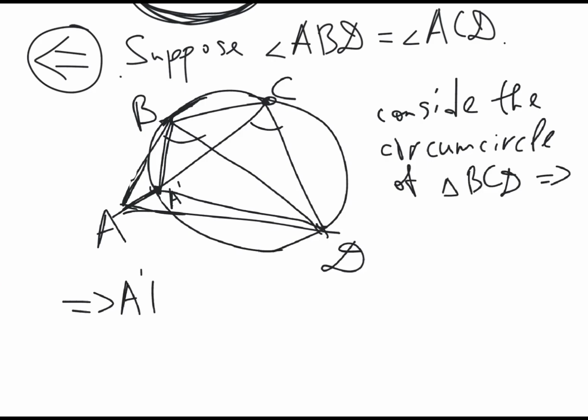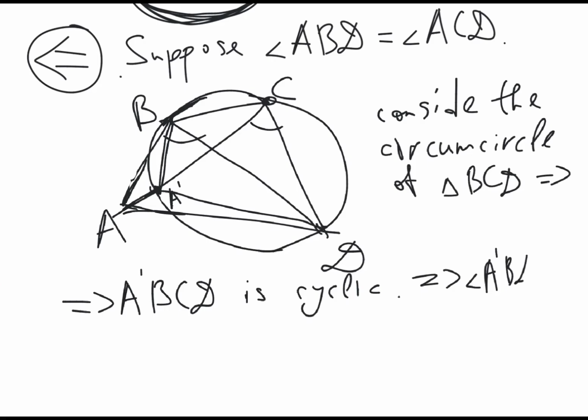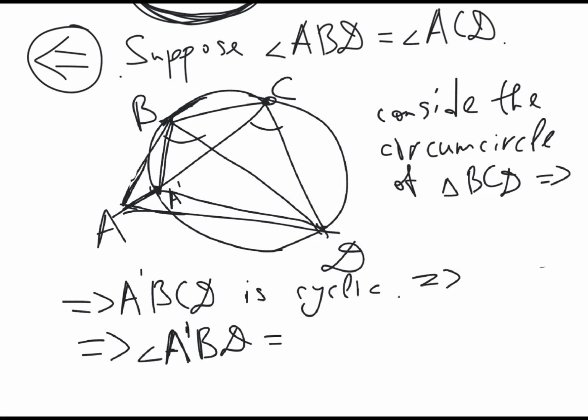The quadrilateral A prime BCD is cyclic by construction, and then the angle A prime BD is equal to, let's write it on a separate line, A prime BD is equal to the angle A prime CD, and A prime CD is the same as ACD because A prime is on the diagonal, so this is the same as ACD, right?